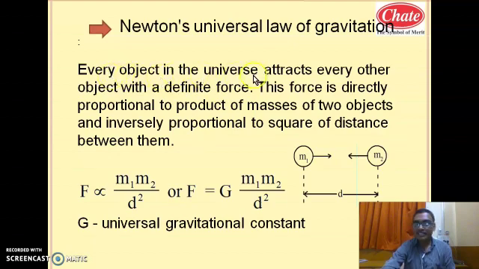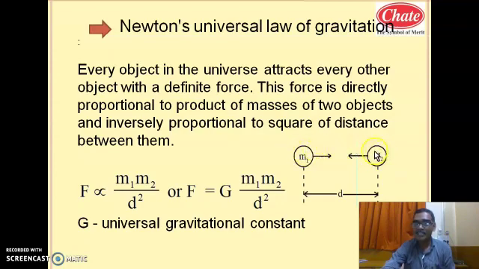Every object in the universe attracts every other object with a definite force, which means for that force there is a certain value which we can calculate. This force is directly proportional to the product of masses.